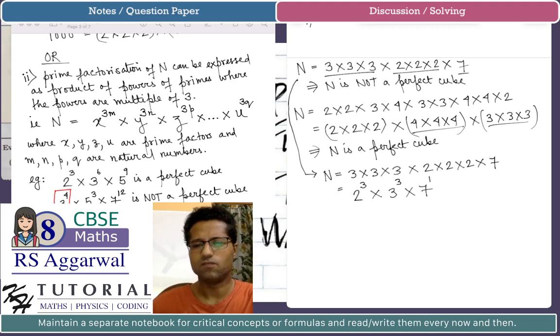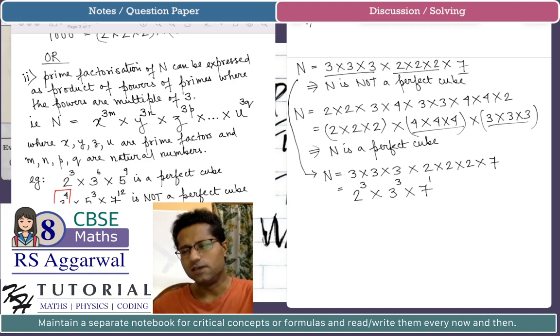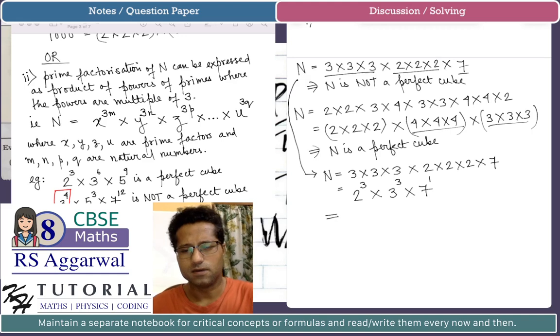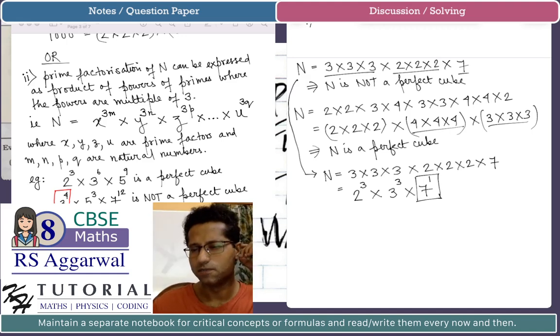Now, after doing this, if for any prime factor the power is not a multiple of 3, then n is not a perfect cube. Here the prime factor 7 is creating a problem. Its power is 1, and 1 is not a multiple of 3.